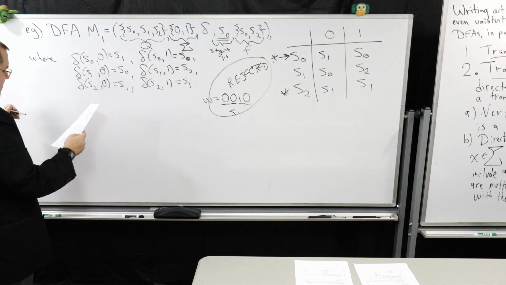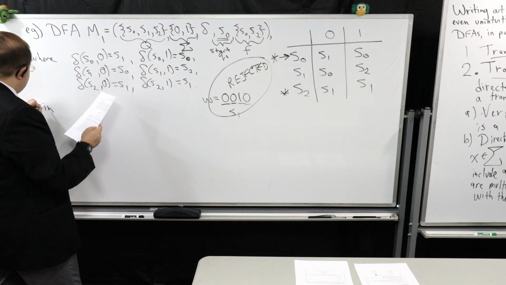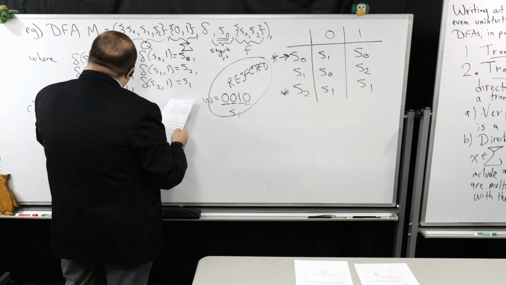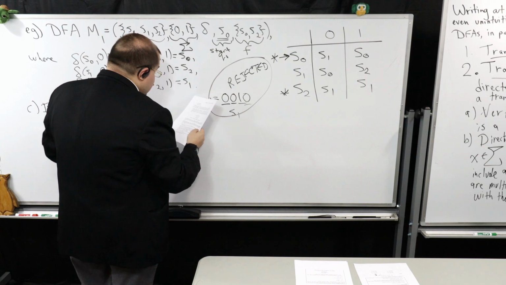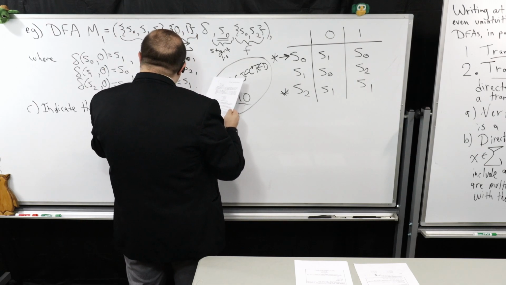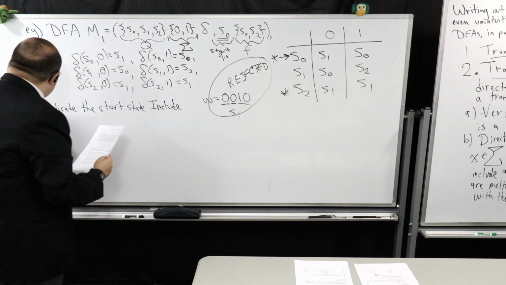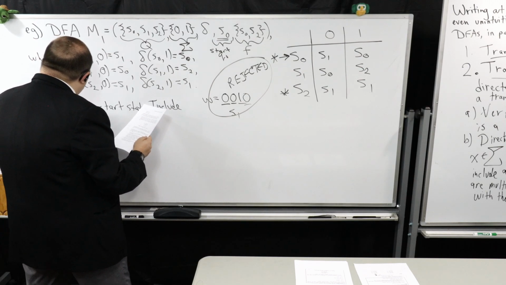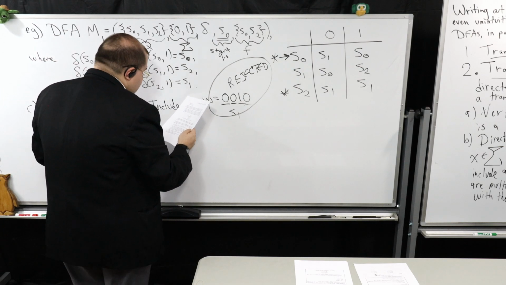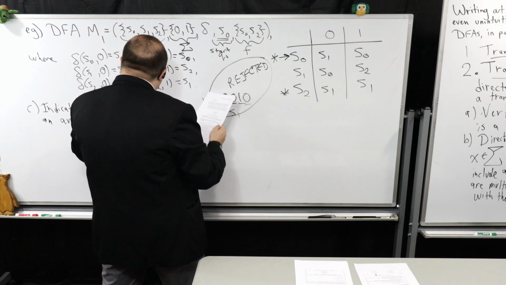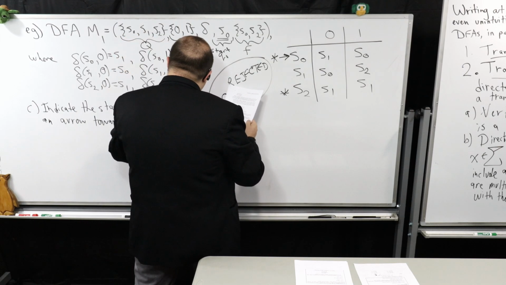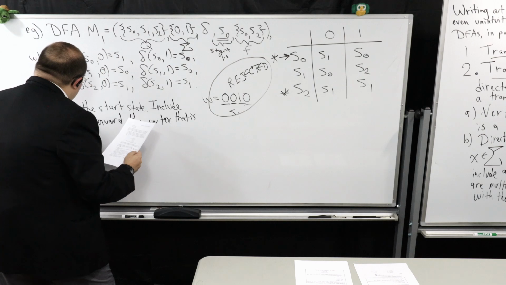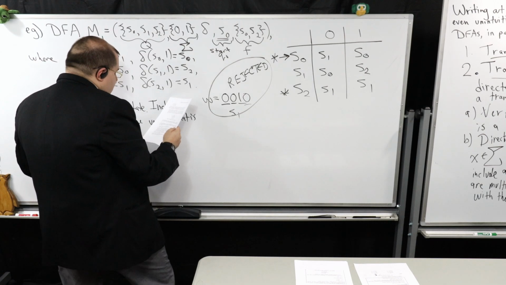Okay, so we have to indicate the start state. All you do is include an arrow toward the vertex that is the start state.